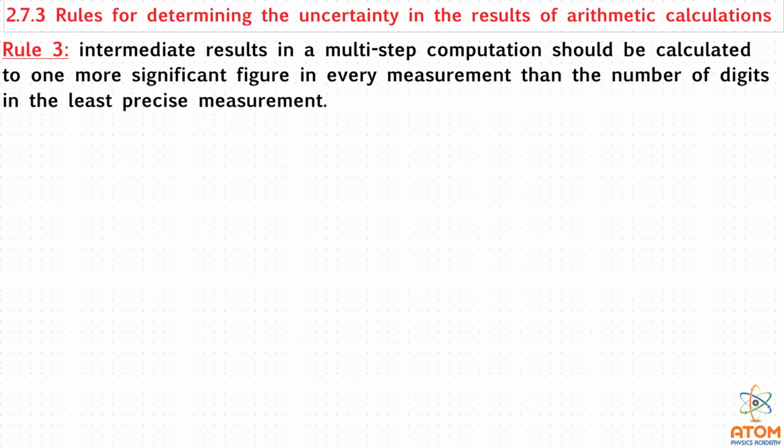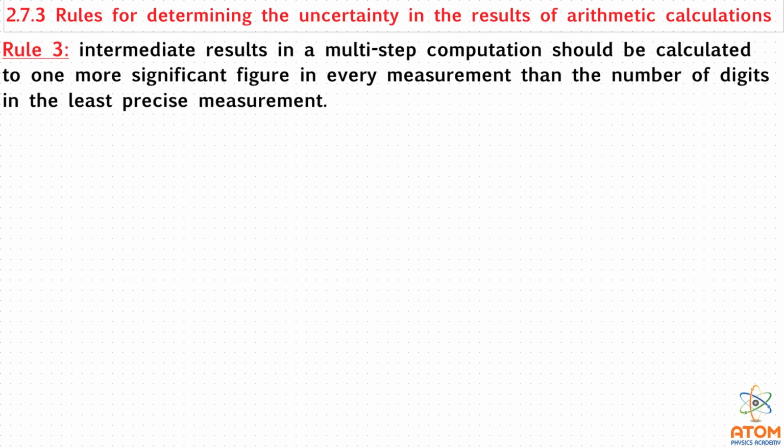Now rule 3. Intermediate results in a multi-step computation should be calculated to one more significant figure in every measurement than the number of digits in the least precise measurement. See, when we have any calculation with multiple steps, there will be some intermediate steps also.